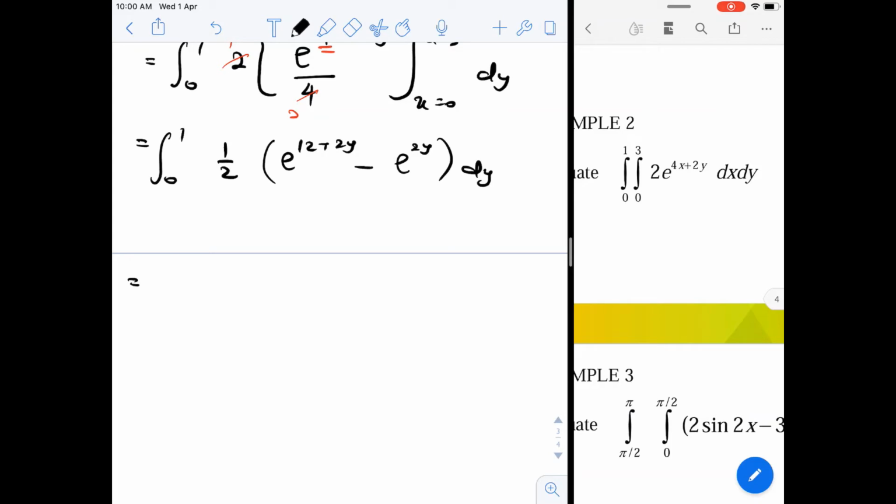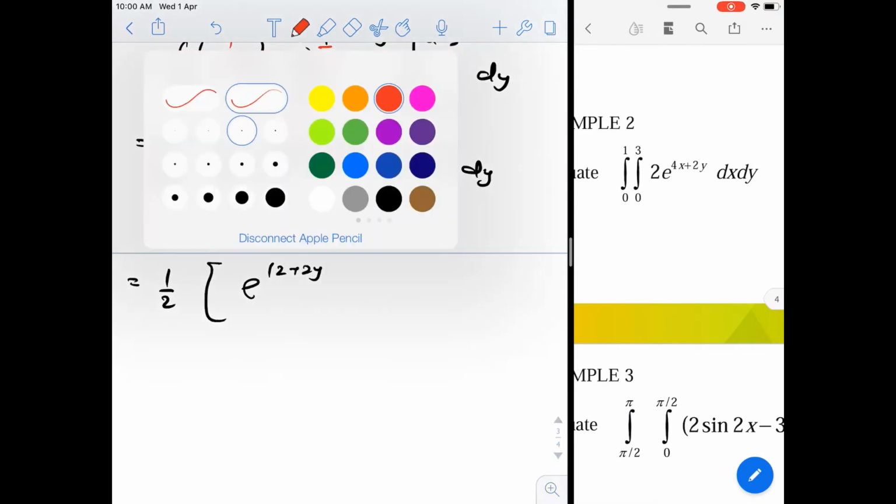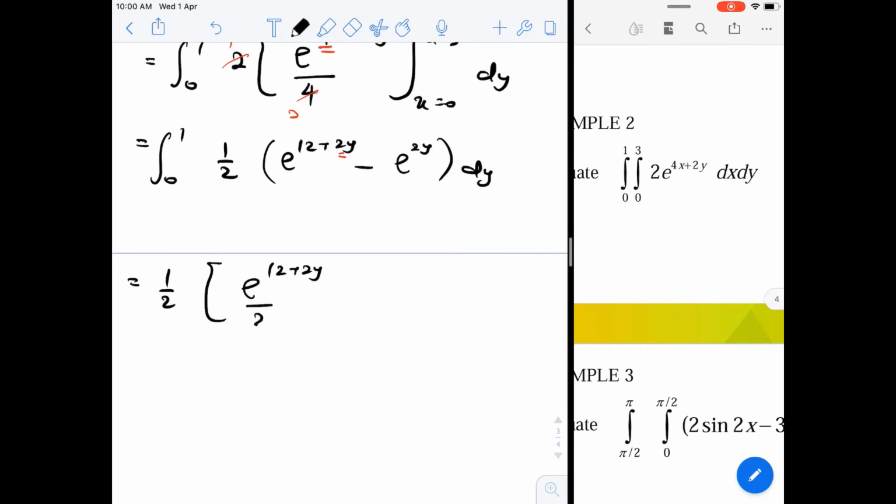Now we have, take out 1 over 2 because it's just a constant, so integrate e to the 12 plus 2y. The coefficient of y is 2, so we divide by 2. Now minus e to the 2y divided by 2.